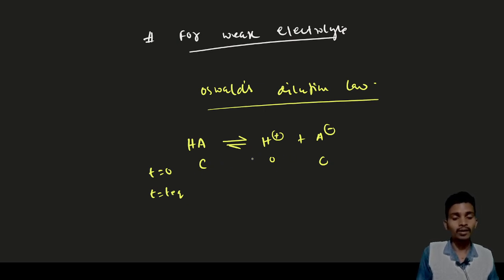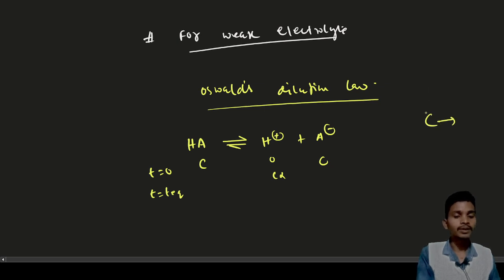So from concentration C, C alpha is dissociated, leaving C minus C alpha.